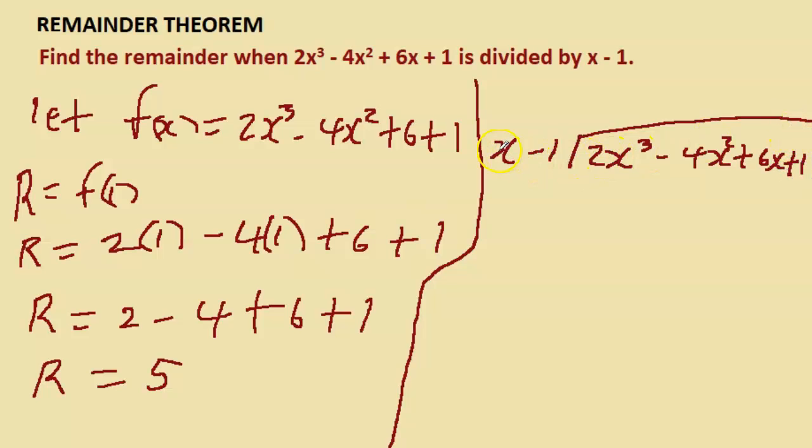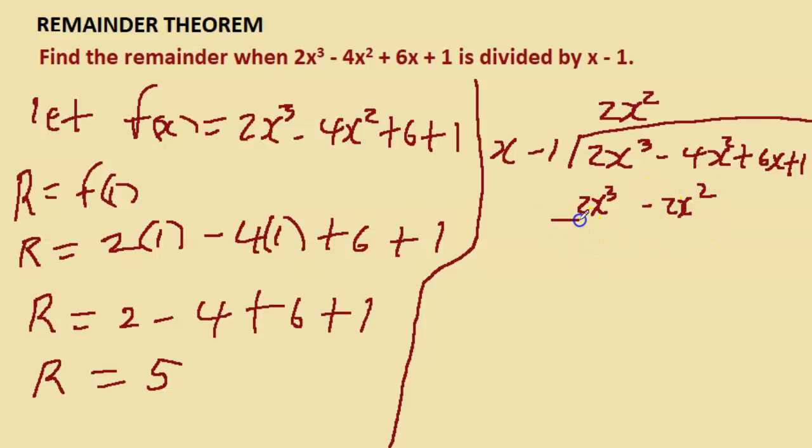So we take the x, so we say x into 2x cubed, that's 2x squared. And then we say 2x squared times each of these terms. So 2x squared times x is 2x cubed, and 2x squared times minus 1, that's minus 2x squared.